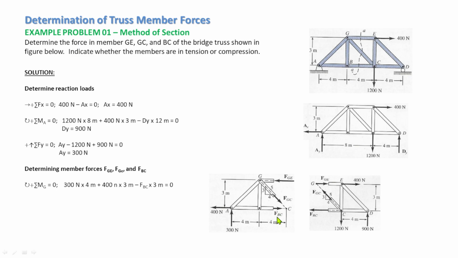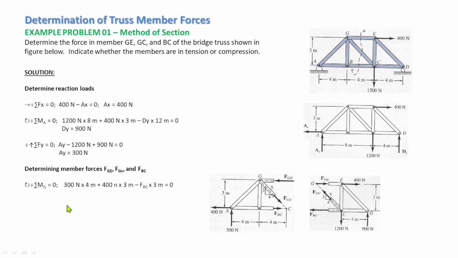So we have only one unknown if we take moment at G. So 300 times 4, the moment arm, plus 400 times 3, the perpendicular distance, minus force BC times the distance of 3 meters, is equal to 0.